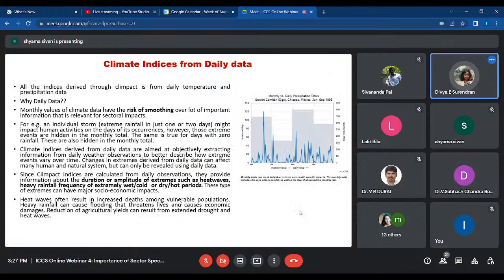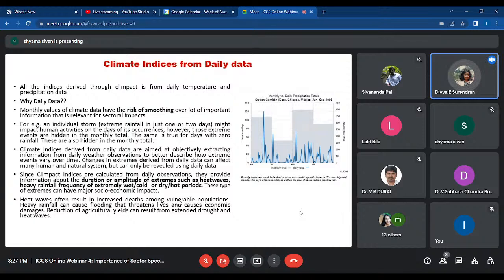All these indices are basically produced based on daily data. It is very important to consider daily data to understand the variations in extremes.